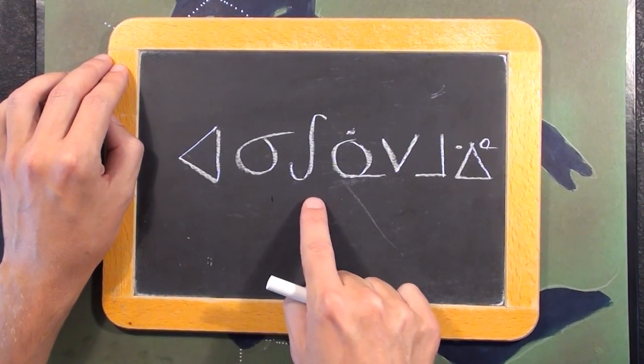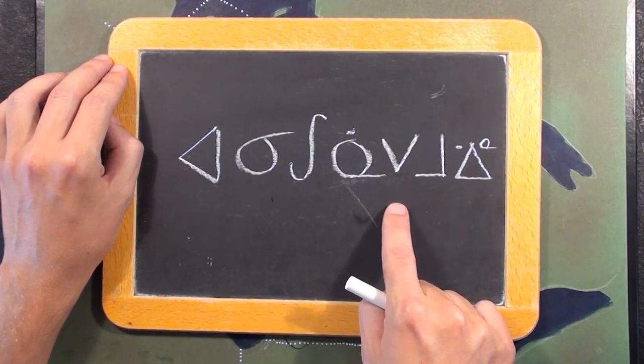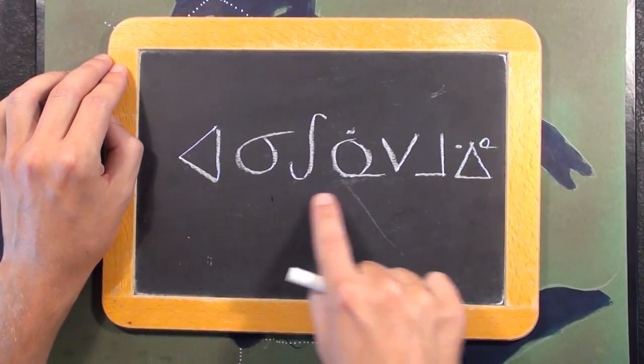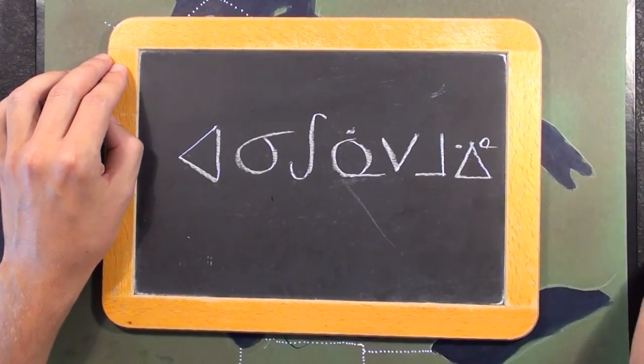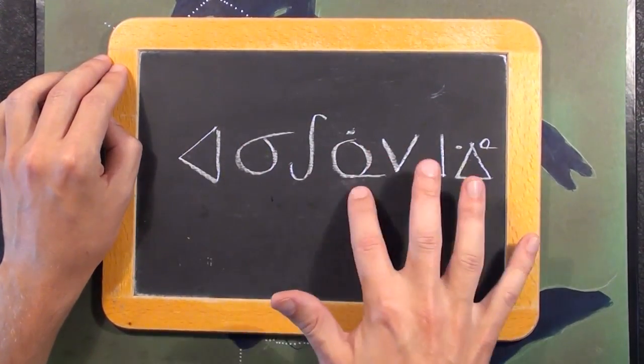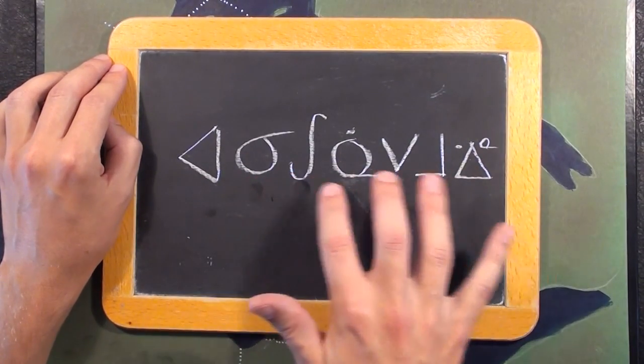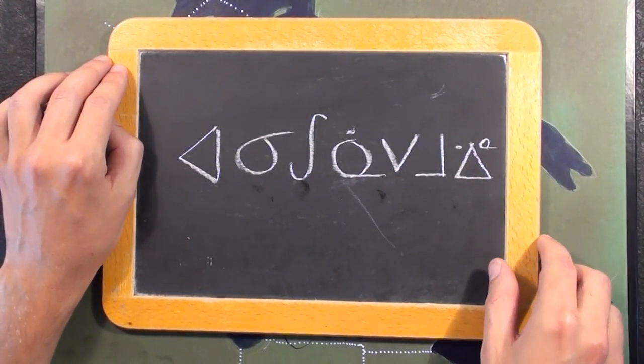A, ni, shi, na, pe, mo, win. It's really cool writing characters, I think.